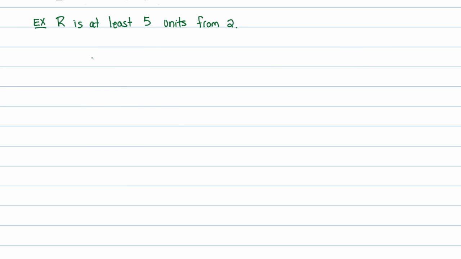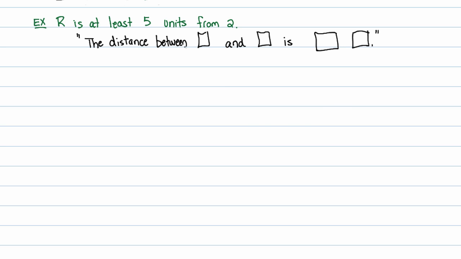r is at least 5 units from 2. So again, I'll just go ahead and write this in that language, the distance between stuff. So the distance between blank and blank is, well, there's our relationship. So what are the two objects that we're finding the distance between? Well, let's see, r and 2, the distance between those is at least 5.